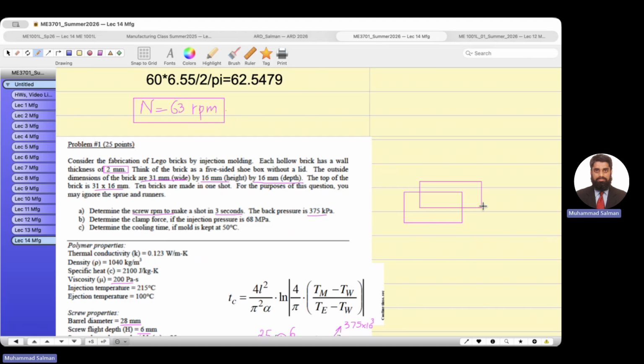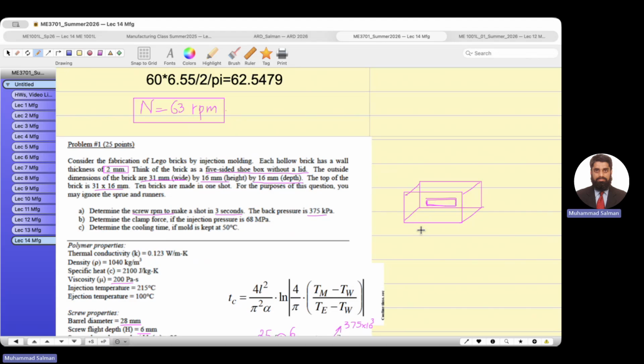I'm just pretending it looks like a shoebox without the lid. That's what it is. Think of a brick as a five-sided shoebox without a lid. So this is hollow inside.